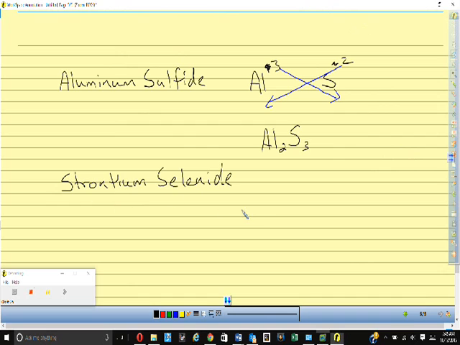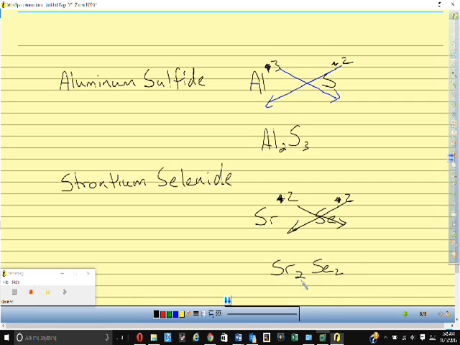If you look up strontium on the periodic table, it has a charge of +2. Okay? Selenide is going to have a charge of -2. So when you eliminate the signs and crisscross them, you end up with Sr2Se2.